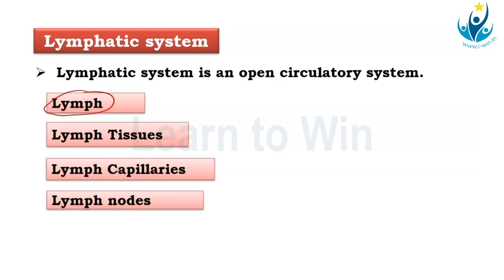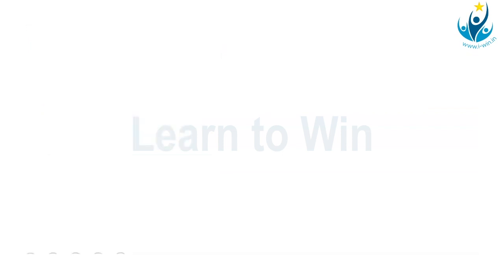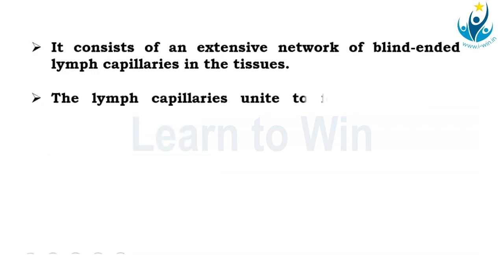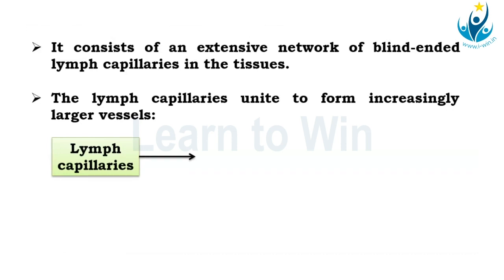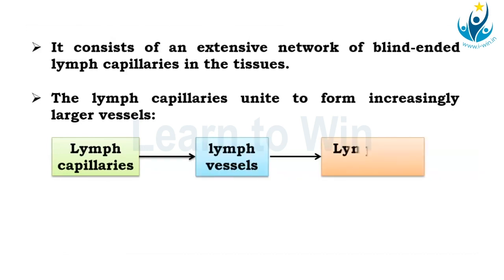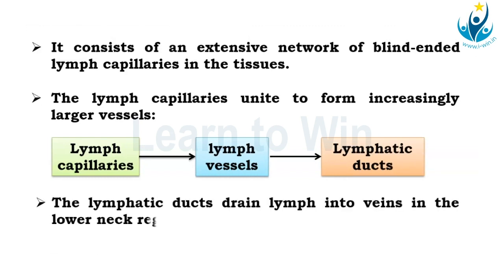These are the main parts of the lymphatic system, and from the lymph nodes you will have the lymph vessels, and there are also lymph organs. These are a network of blind end lymph capillaries, and they increasingly unite to form lymph vessels. So you have multiple lymph capillaries which join the lymph vessels. From there they go to the lymphatic ducts. So this is the movement of the lymph.